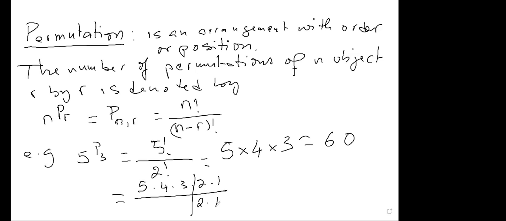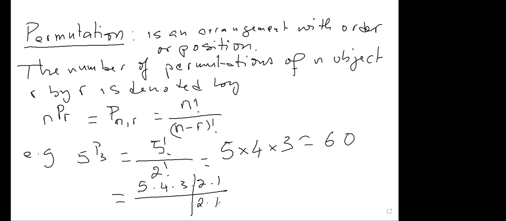So if you are using a TI-83 calculator, you will go to MATH. You see it at the upper left side of your calculator. Before you do that, let's know what we want to do. I want us to find 5 permutation 3.